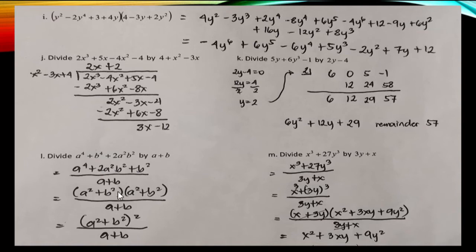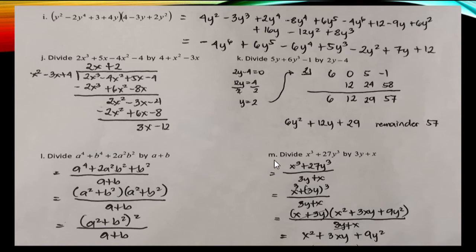This is a perfect square trinomial. So, pwede na to siya ma-factor as a squared plus b squared multiplied to a squared plus b squared all over a plus b. Or, pwede na siya mausa as a squared plus b squared quantity square over a plus b. So, wala naman tayo makancelan na. So, mauna na siya atong final answer.